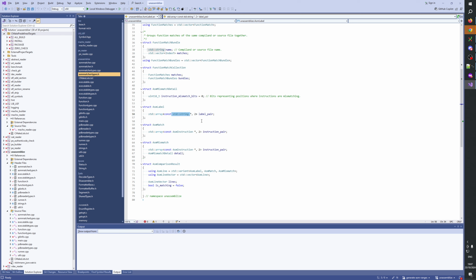Which I guess is fine. Technically, if we would link here to ASM instruction EX, it would also work. Like there's a label inside, and if the label is not empty, it has a label. I don't know. I can't really decide.